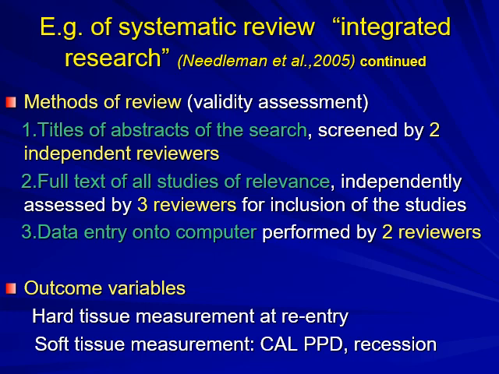The outcome variables are hard tissue measurements, what we want to find at re-entry, and soft tissue measurements: clinical attachment level, probing pocket depth, and recession. All the studies that are selected should have these outcome variables. This is what I mean by homogeneity of the studies included. The studies included should be homogeneous, and this is achieved by following these steps.